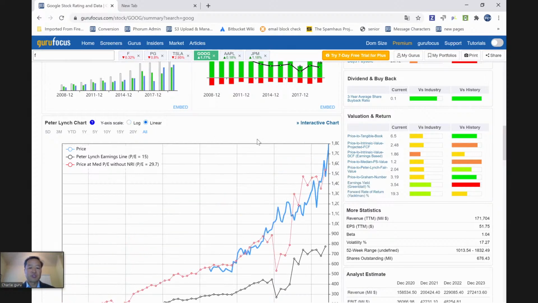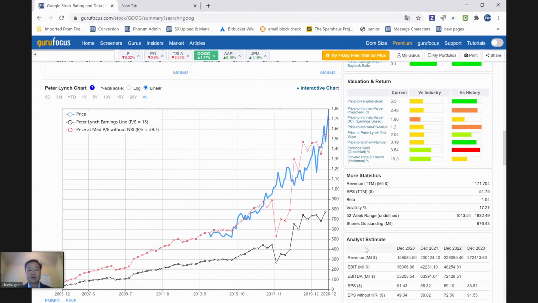If we switch this to linear, it's even clearer, Google's price is always far above Peter Lynch's earnings line, but it's in the middle. It fluctuates around the median PE line.